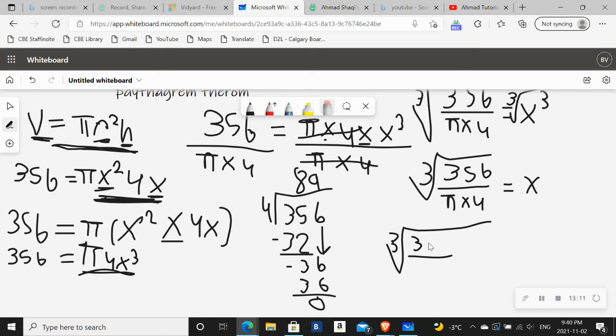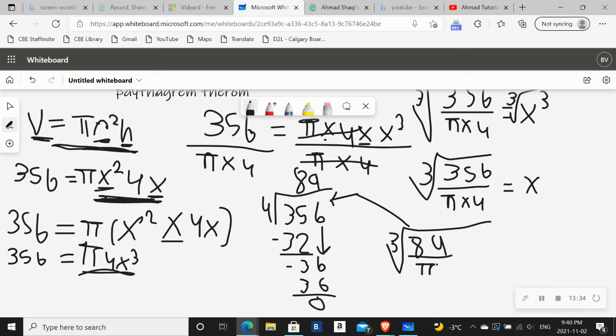Literally, I divided it. It's fine. We get 89, because from the division we just did right there, we just made that complicated. We got that from that, and pi.